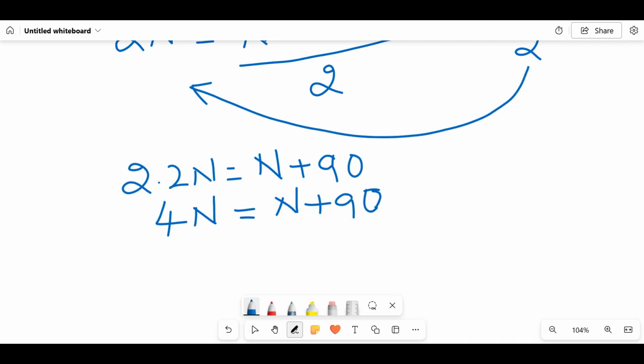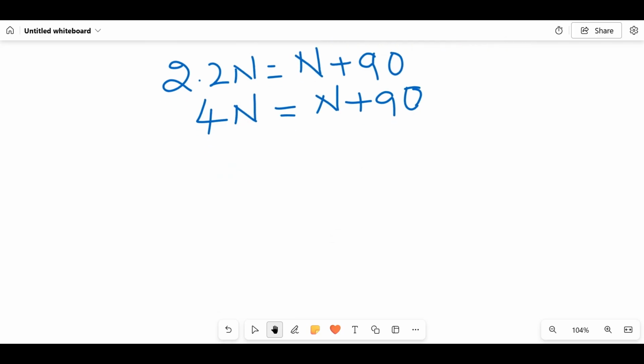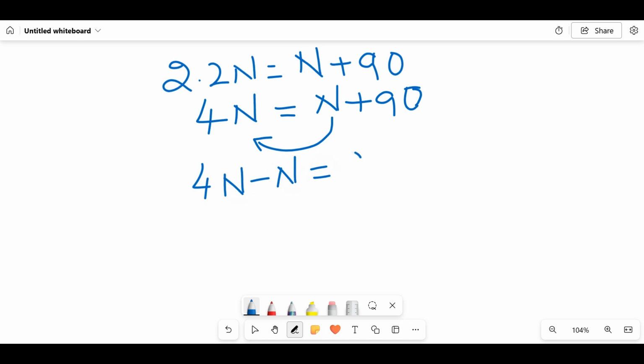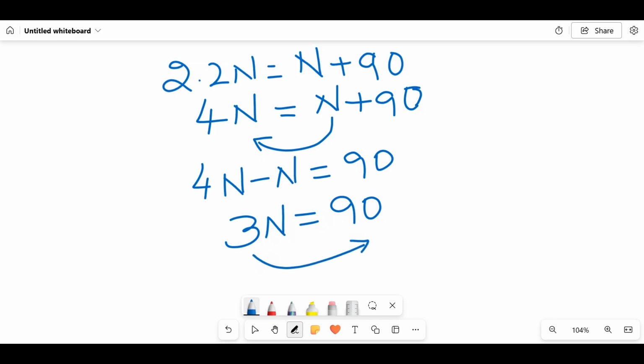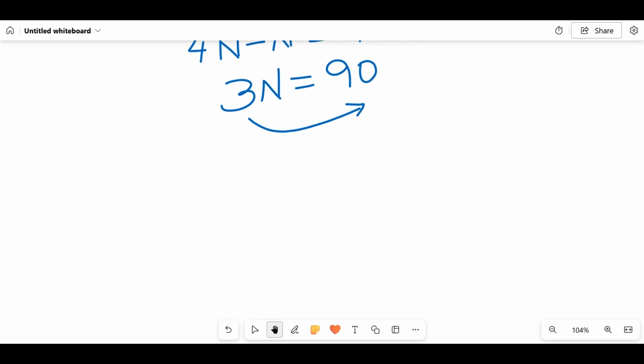Now I'll take this n to the left hand side, so it becomes 4n minus n, which is equal to 90. Now 4n minus n will become 3n, which is equal to 90.